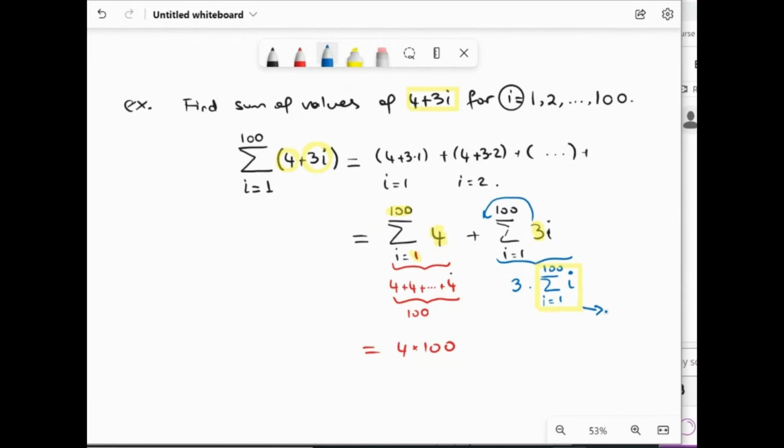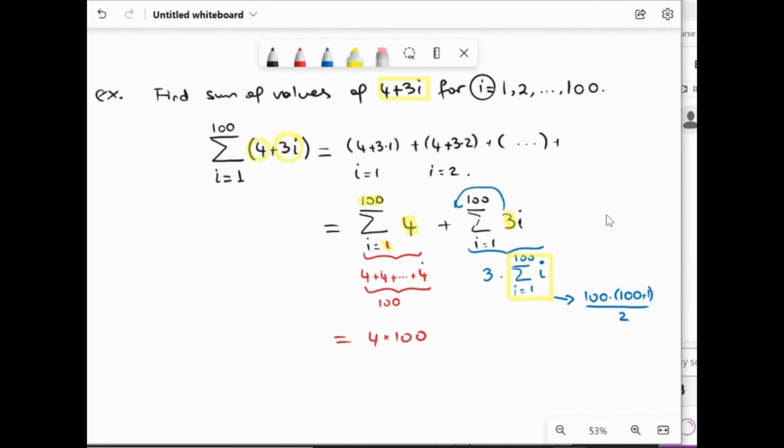So what was that? It was n times n plus 1 divided by 2. So that formula we already know. So let's plug it in. So plus 3 times this formula, which is 100 times 101 over 2.